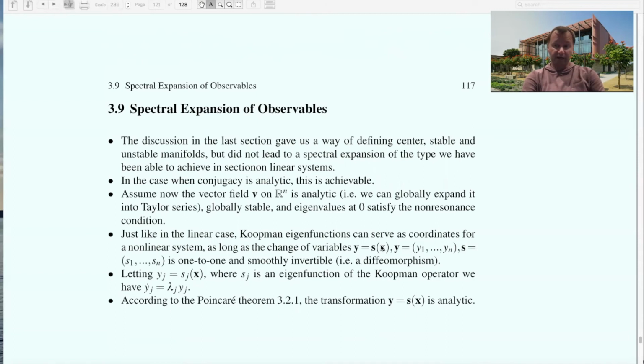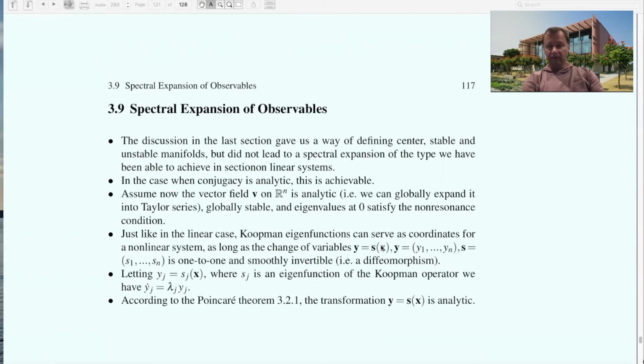So if the real part of the eigenvalues was less than 0 for those principal eigenfunctions that are compositions of the linear eigenfunctions with a diffeomorphism, then that would lead to a stable system. And then zero-level sets of stable, unstable, and center eigenfunctions were shown to produce invariant manifolds of center, unstable and stable type.